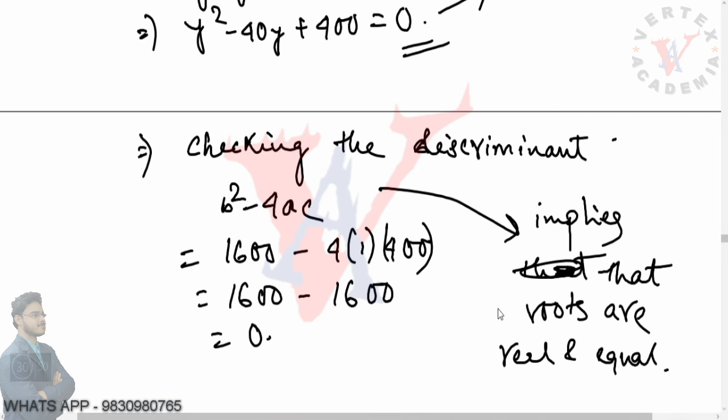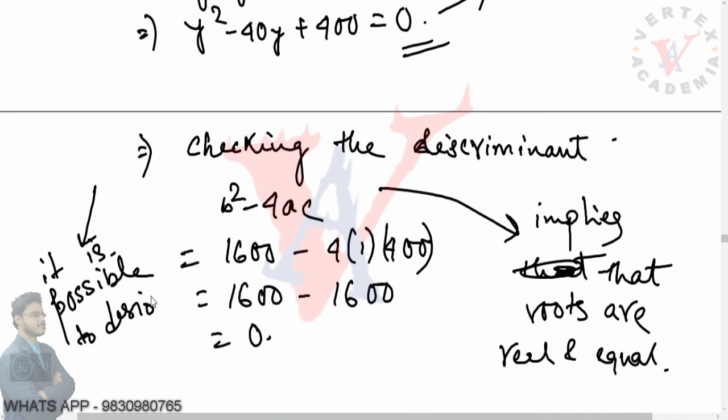So if the roots are real, then obviously it is possible to design the park. So I hope this thing is clear.